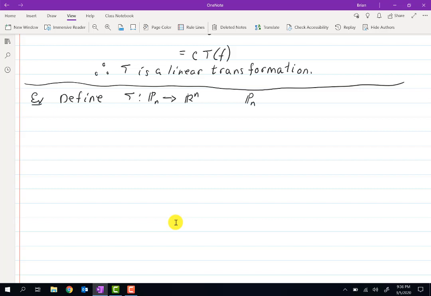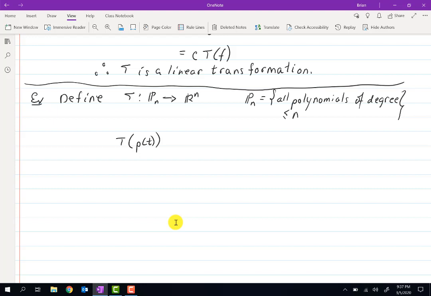But anyways, P sub n is the set of all polynomials of degree less than or equal to n. Alright, so anyways, here's my definition. I'm going to take a polynomial, so p of t.